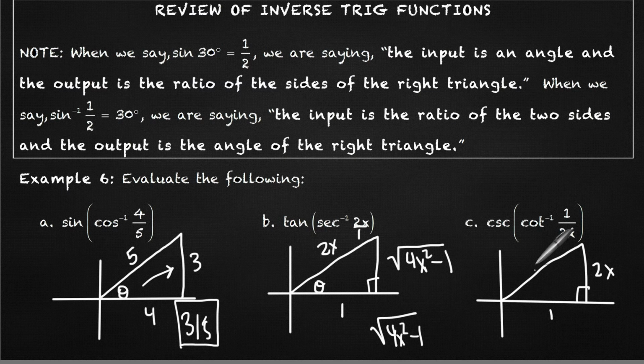So we're going to do the Pythagorean theorem, and we're going to get the square root of 1 plus 4x squared. So the cosecant is the hypotenuse over the opposite side. All right, now we're going to see how this works on a couple of actual calculus problems.